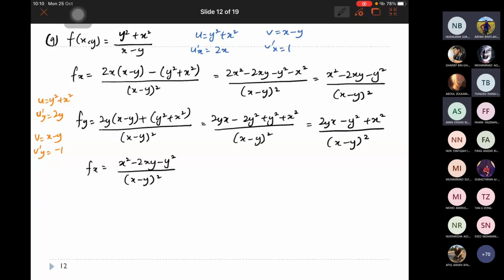(x minus y) squared. Okay. So from here, u will equal x squared minus 2xy minus y squared. u prime x equal to 2x minus, differentiate this one, minus 2y minus 2y. Okay.